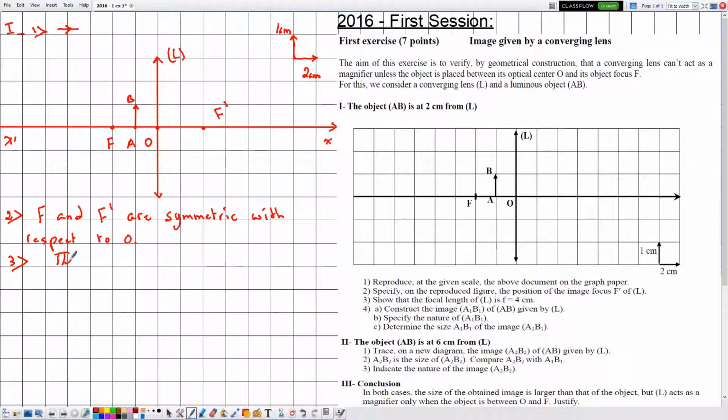The focal length is the distance from the optical center to the image focus. So the focal length is equal to the distance from the optical center, which is the point O, to the image focus, which is the point F', and we don't forget the bar because this distance may be positive or negative.